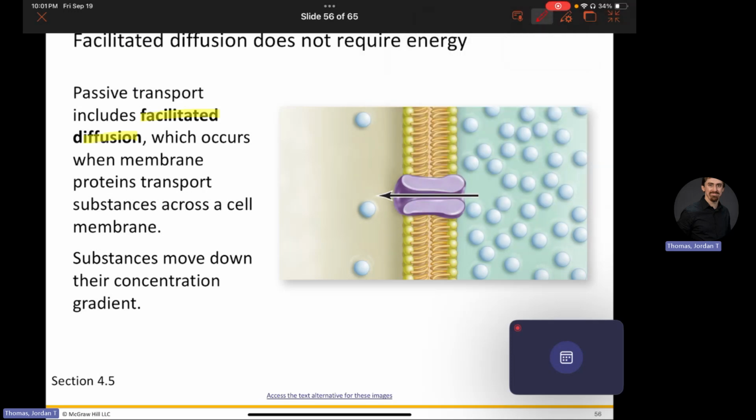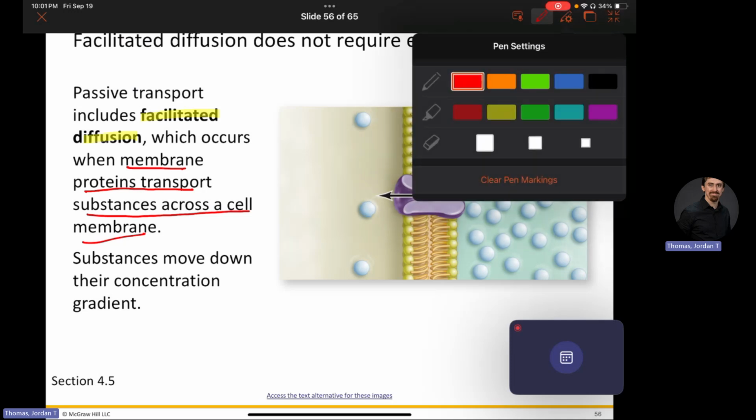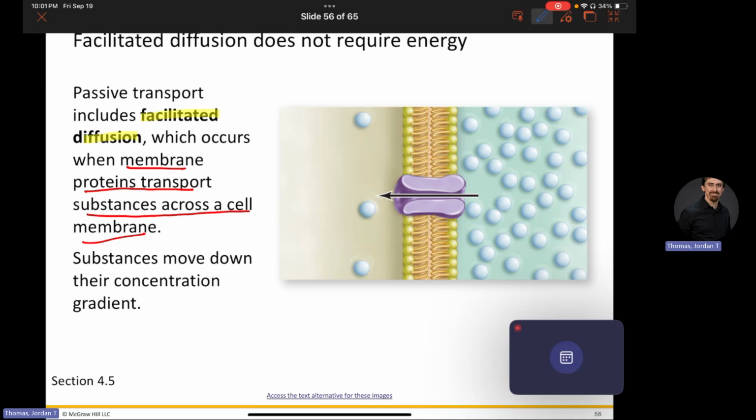passive transport includes facilitated diffusion, which occurs when a membrane protein transports substances across the cell membrane. So this is when we use a protein. When I think of facilitated diffusion, it's still diffusion. Something's going down the gradient, but it's being facilitated.